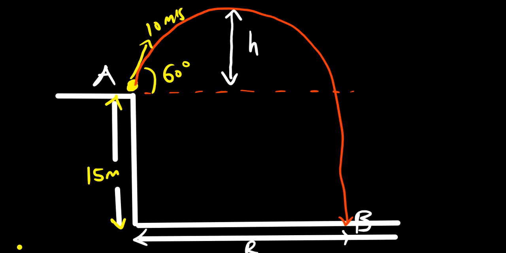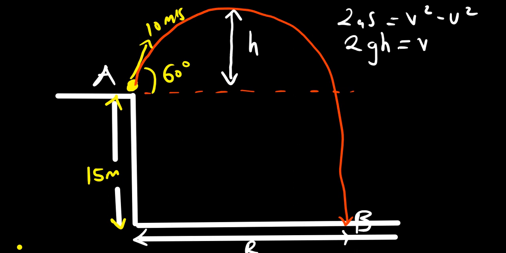Okay, so we are going to say 2as is equal to v squared minus u squared. Okay, so in this case it will be 2gh is equal to v squared minus u squared. I've replaced a and s with g and h because we're talking about acceleration due to gravity and it's in the y direction, so it's the height.